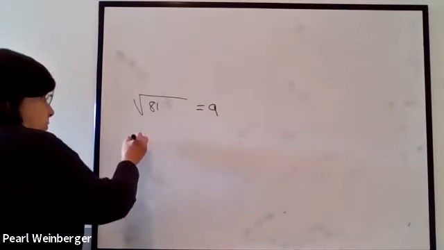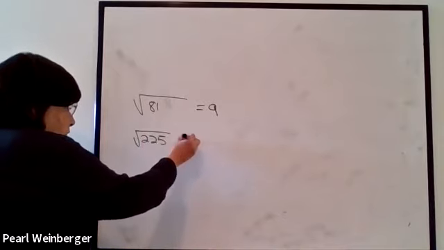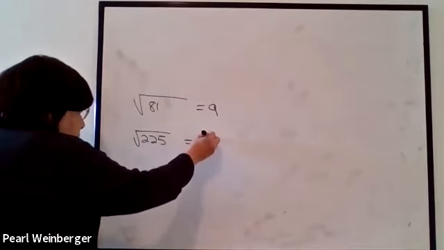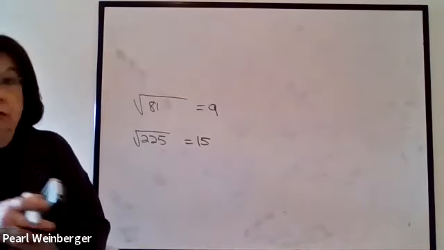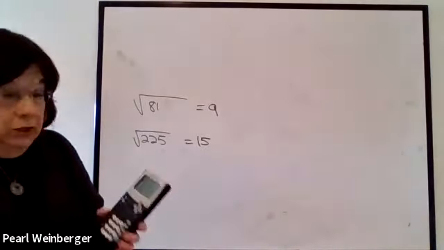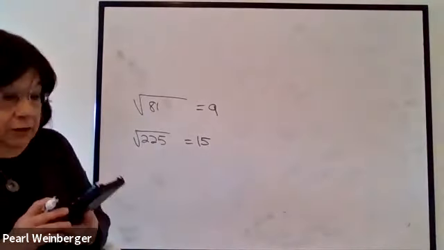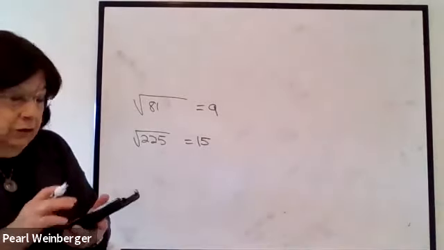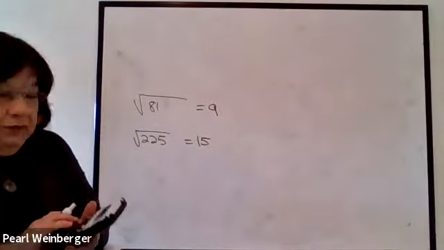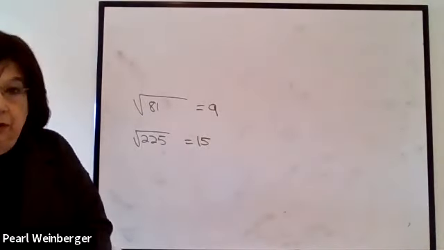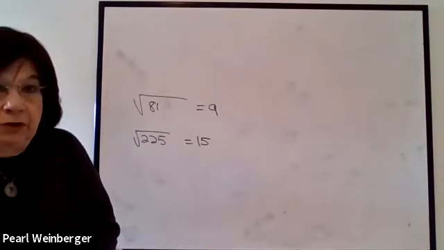I don't know if everybody knows that the square root of 225 is 15, but if you don't know that, you can always check it on your calculator. Your calculator should have a square root button. My calculator happens to be, and this is typical of TIs, that you press the second, and then you press the X squared button and put in 225, and your answer will come out to be 15.